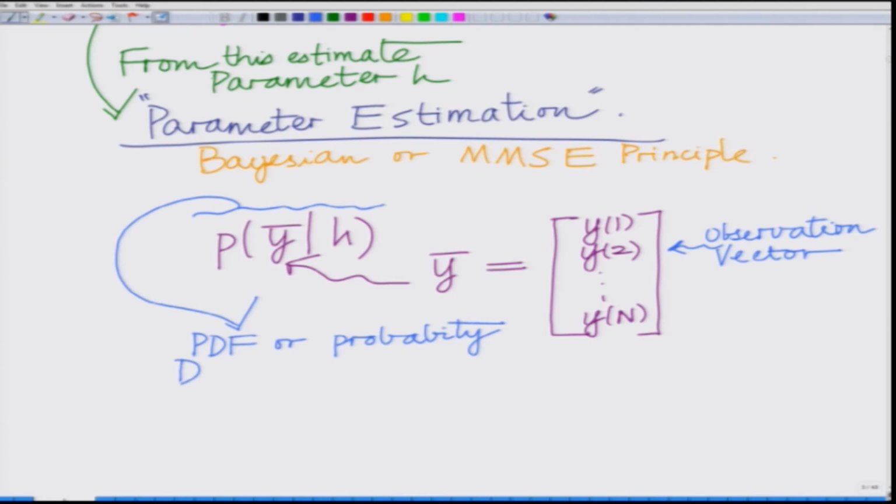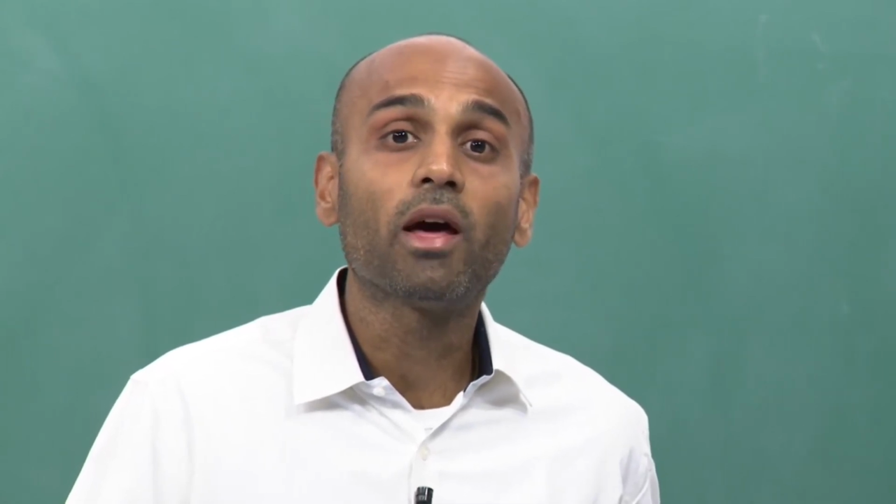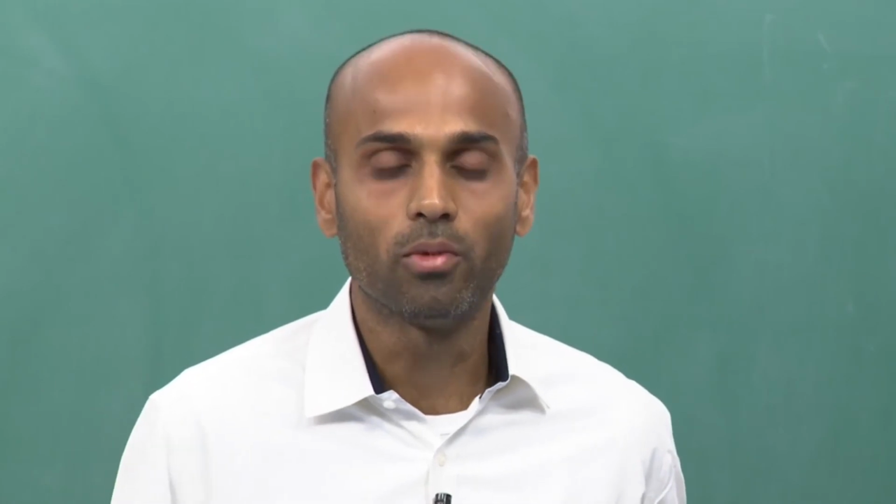This is the probability density function of the observation vector y bar given H, or conditioned on the parameter H. Plus we need another important quantity which is related to the parameter H. This is the probability density function of the parameter H. This is known as the prior probability density function.